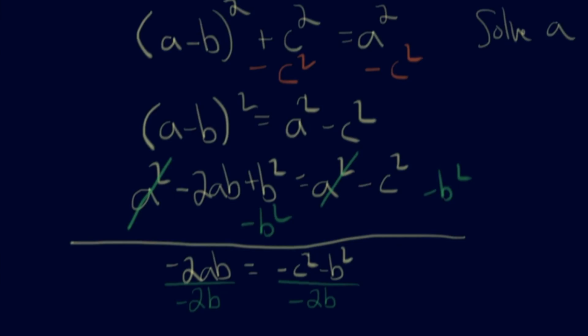And I'll get the final answer because this eliminated the b's, the 2's, leaving me with that a that we've been looking for. So a is going to be equal to, and this will all change, and I'm going to rewrite it so it's nice and neat, b squared plus c squared all over 2b. And that's my final answer.